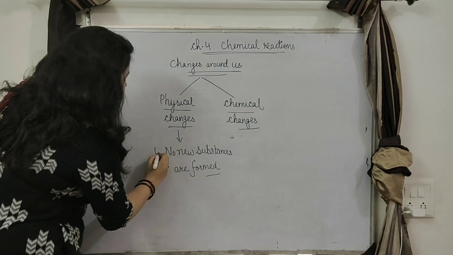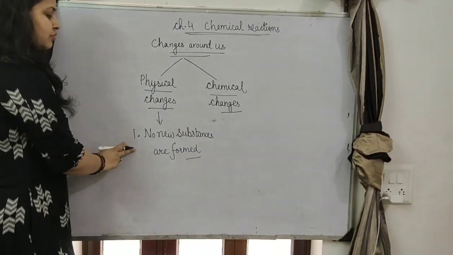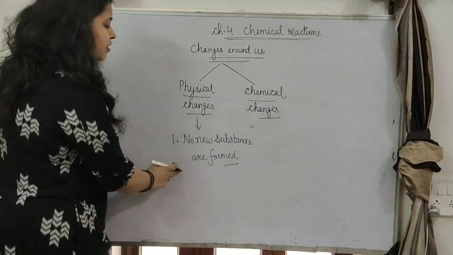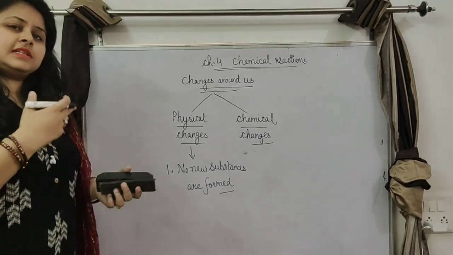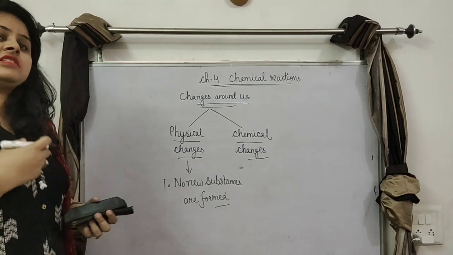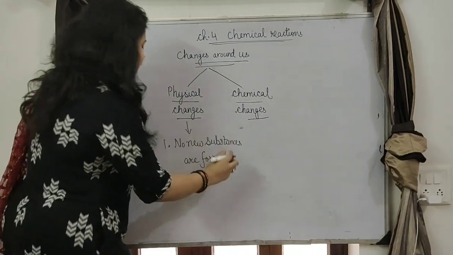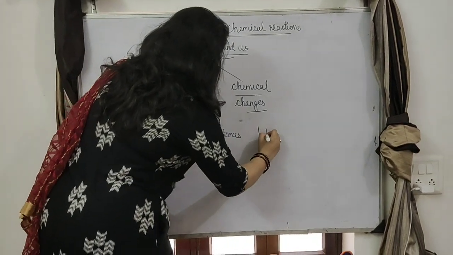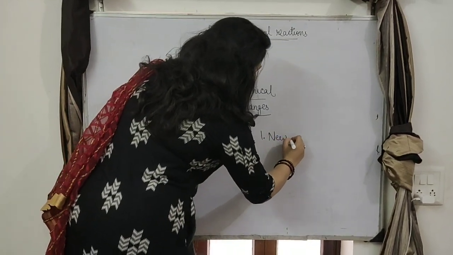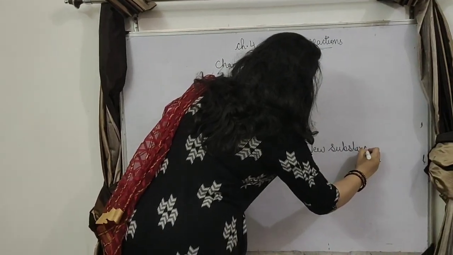So, physical changes are what? Those changes in which no new substances are formed, but there can be a change in the shape, size, state of the substance. Whereas in chemical change, what happens? New substances are formed.